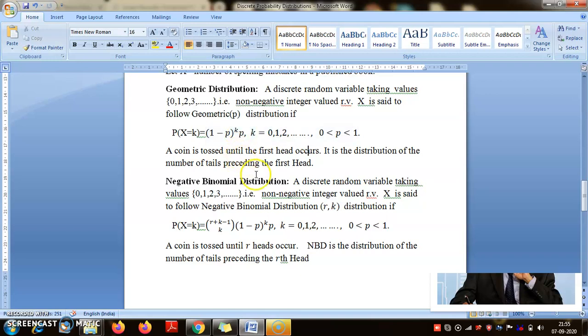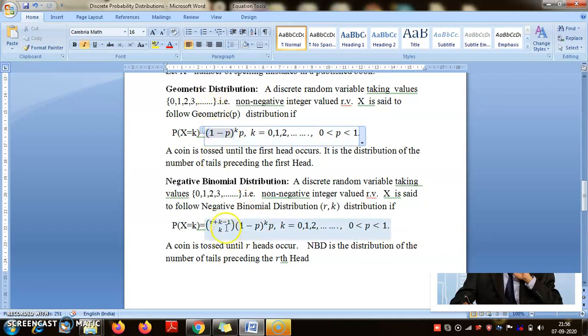Now this model can be generalized. Suppose I toss a coin until the rth head occurs, where r is any number greater than or equal to 1. Then the number of tails preceding the rth head follows this distribution. You see, this is similar to the geometric distribution. If you put r equal to 1, you will get the same formula.